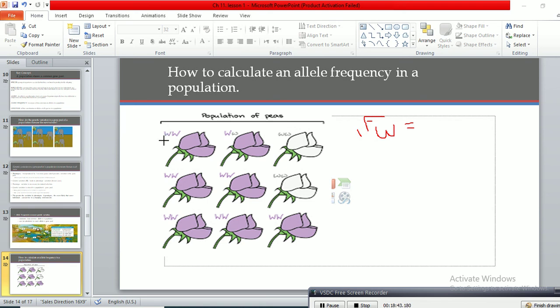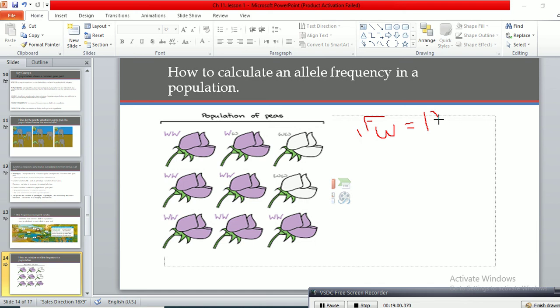And the capital allele, the dominant allele, which is the capital W, is for the purple one. So let's calculate the frequency of the dominant allele, which is the capital W.